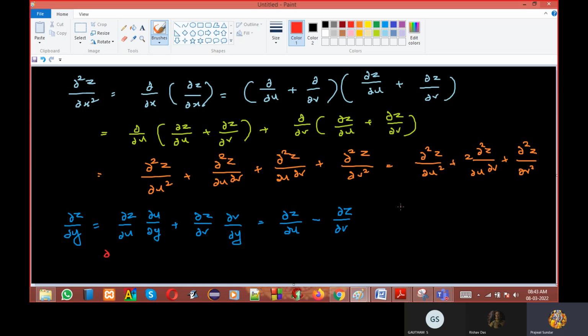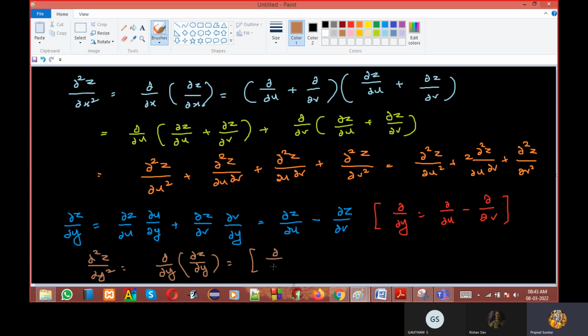So if you apply the same concept, now I'll define the ∂/∂y operator as ∂/∂u minus ∂/∂v. Now I'll try to do ∂²z/∂y². It will be ∂/∂y of ∂z/∂y. So ∂/∂y is this operator, and ∂z/∂y is given as ∂z/∂u minus ∂z/∂v.